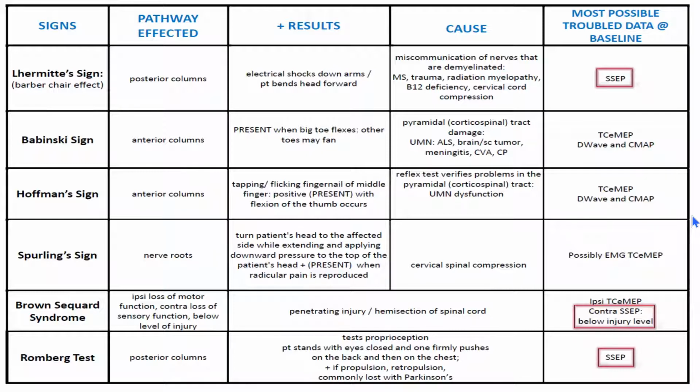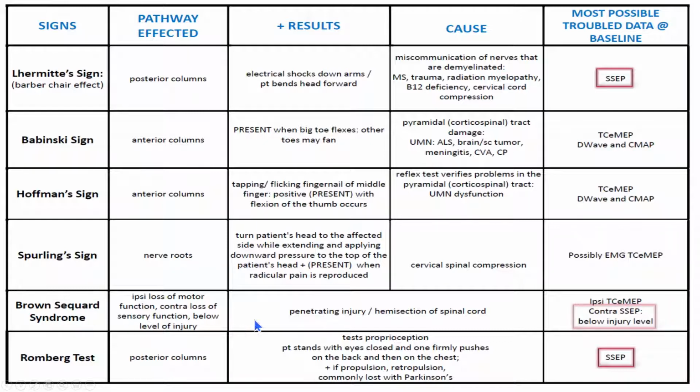If they experience electrical shocks down the arms, then there might be an indication that there's a miscommunication of the nerves that's caused by demyelination. And you'll see this in multiple sclerosis, trauma, radiation myelopathy, B12 deficiencies, and also cervical cord compression. This is a sign that the posterior columns are compromised.